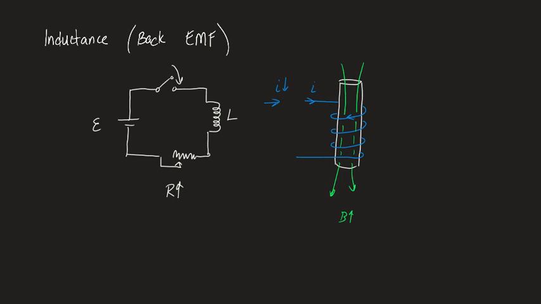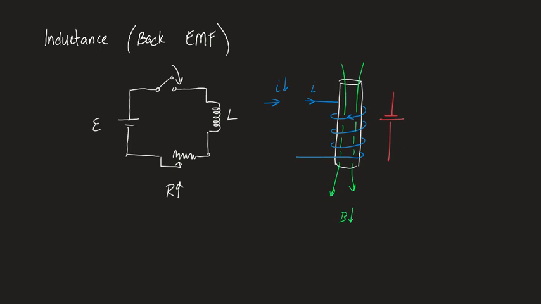That's going to attempt to drop the magnetic field. Under this circumstance, I will get a new EMF, but this EMF is going to attempt to be in the same direction as the current that's already there. It's trying to prevent the circuit from losing current.